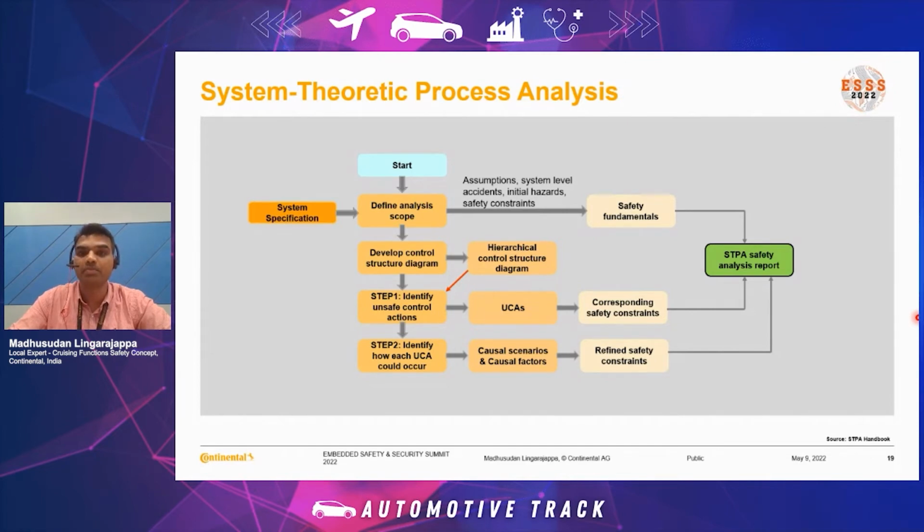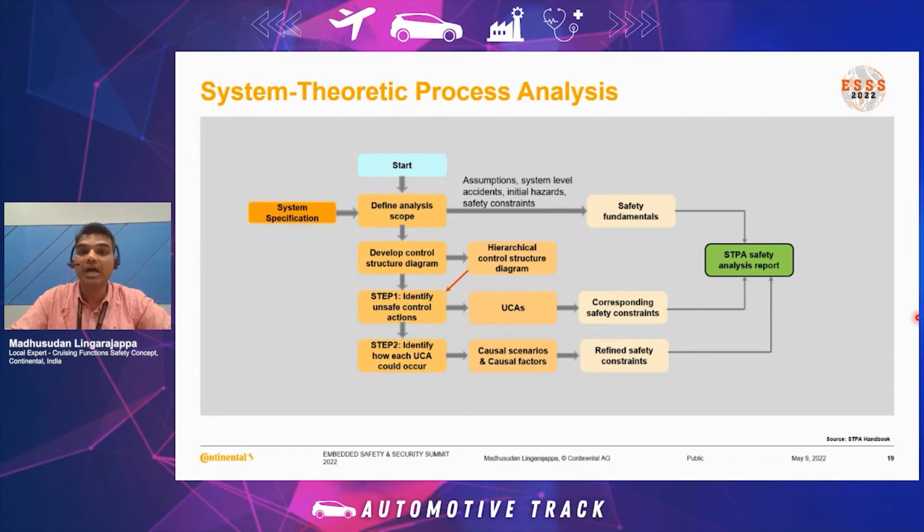or any traffic participants, or it could be any financial loss also. Then we have to identify the hazards. These hazards are the states or the conditions which, together with a worst case, will lead to an accident. So we have to identify and list down all those hazards.